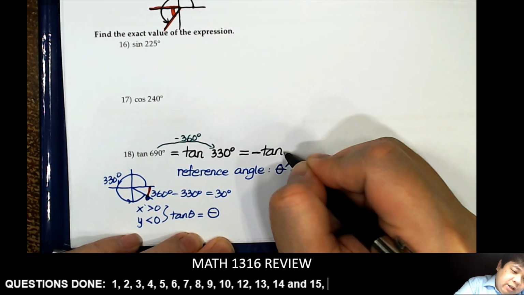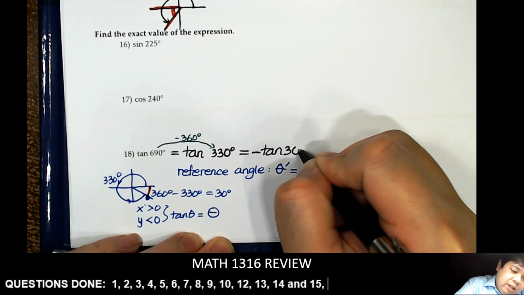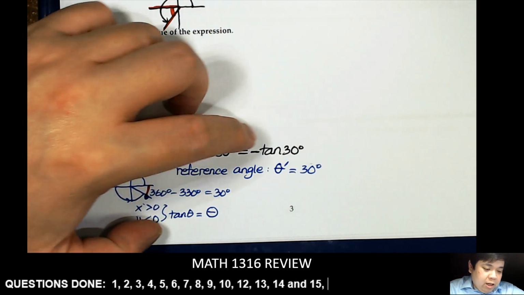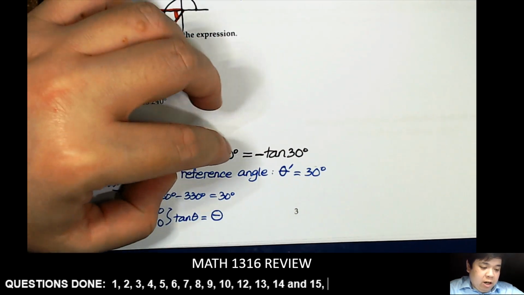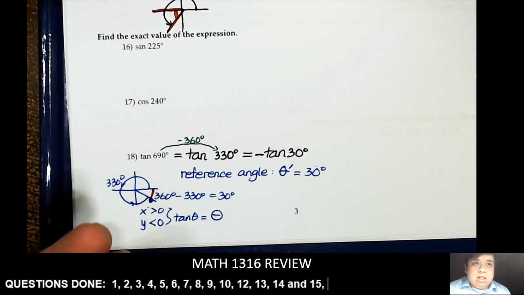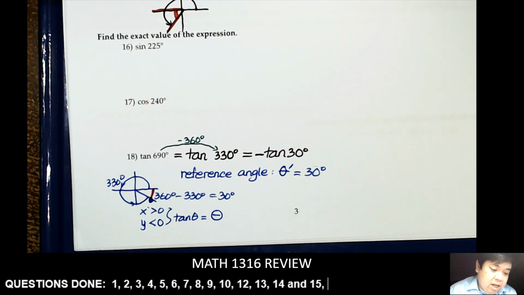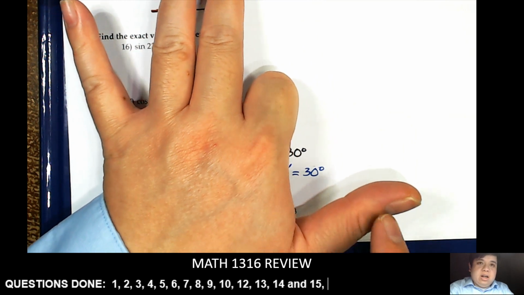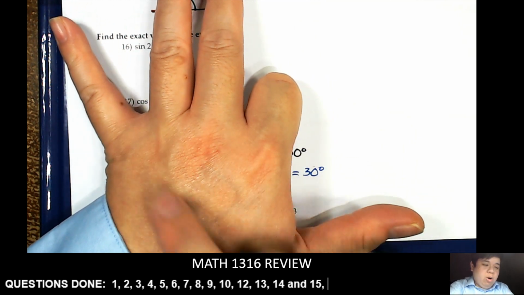So we find the reference angle and we go from that angle to the reference angle. We still need to determine if it is positive or negative. In this case, it is negative. So that will be negative tangent of 30 degrees. And for 30 degrees using the hand, it will be the number of fingers on the right over the left.